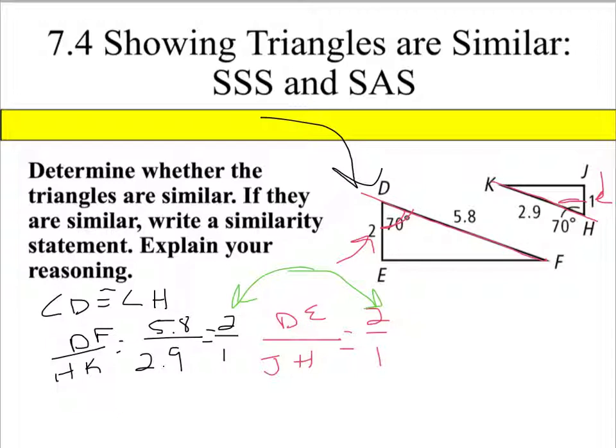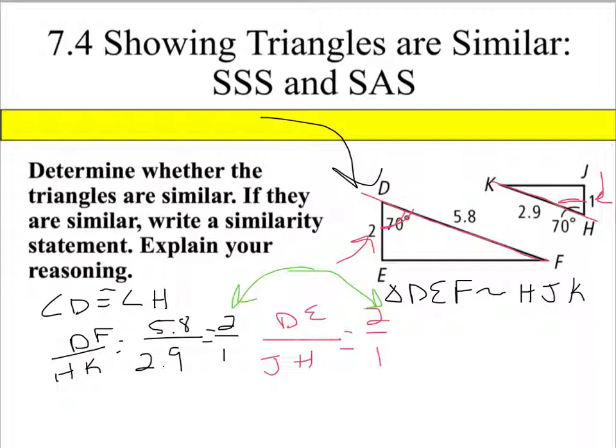So what do we know? We're looking for our similarity statement. We know that triangle DEF is similar to triangle HJK. How do we know that?